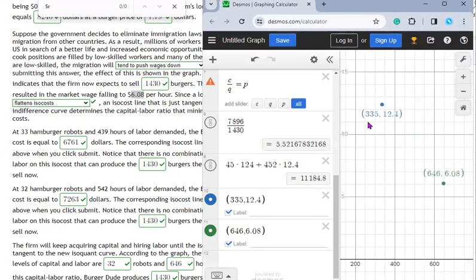Okay, so you could draw a line from this point to that point, and that could represent long run labor demand, right? Which makes sense because as the price of labor falls, the company demands more and more labor.